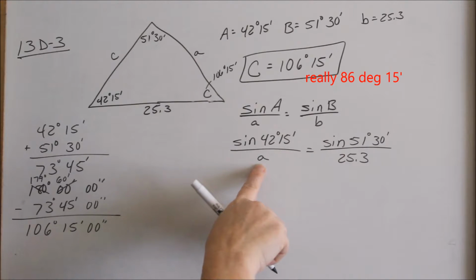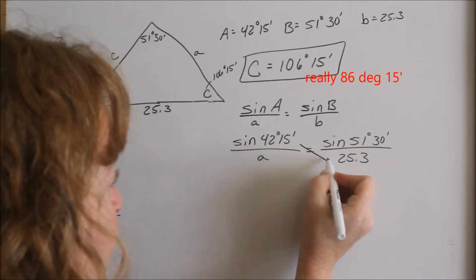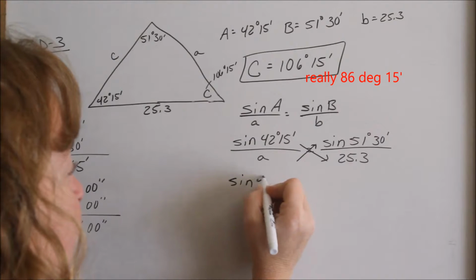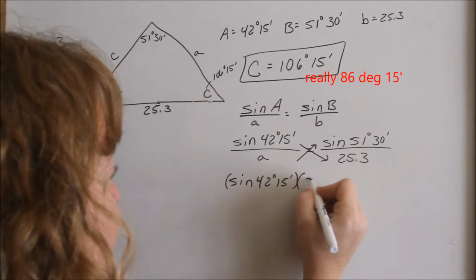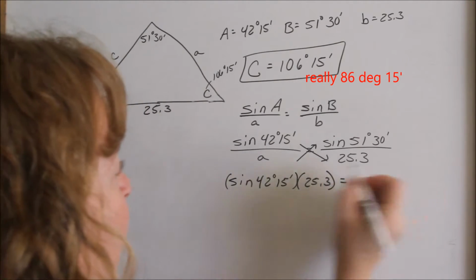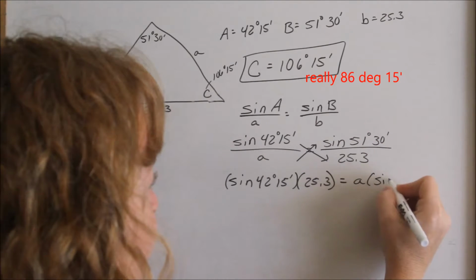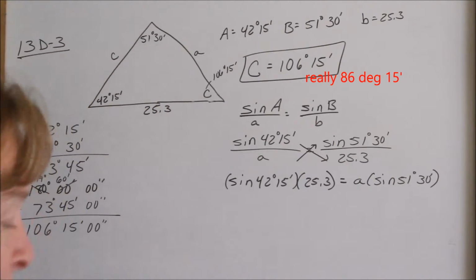Because I only have one equation, I need to have one unknown that I can solve this. How do we solve this? Cross multiplication, okay? So sine of 42 degrees, 15 minutes, times 25.3, that's on one side of your equal sign, is equal to A times sine of 51 degrees, 30 minutes.